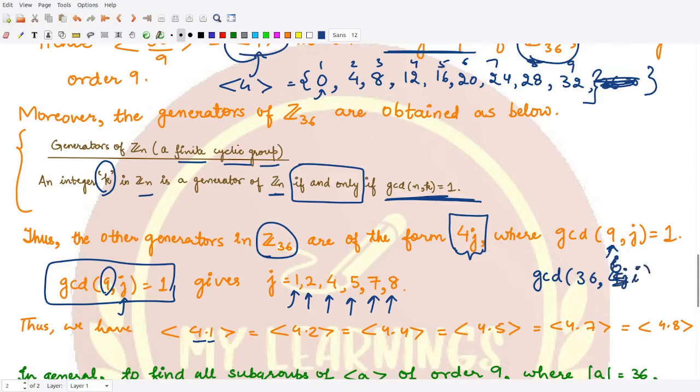Let me write it i. We can take 4 common: if i is equal to 4j, the GCD could be written as 4 into 9 and 4 into j, and next we can write this as the GCD of 9 with j. This should be equal to 1.